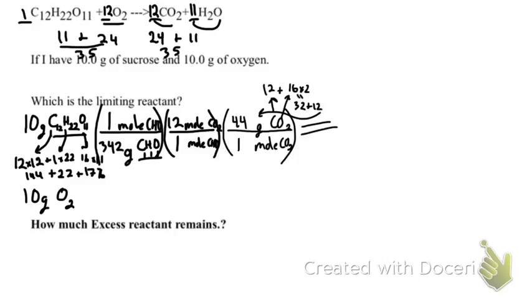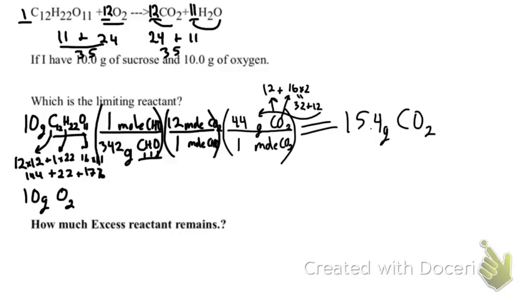Okay, and that will give me grams of CO2. So now all I need to do is take 10 times 12 times 44 divided by 342. And that answer is 15.4 grams of CO2.